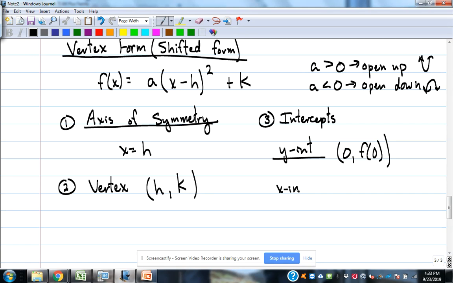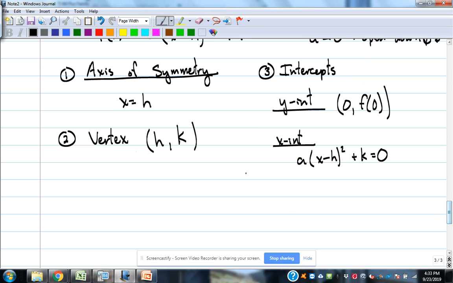To find the x-intercept, we set the problem equal to 0. And I tend to solve these by square roots.